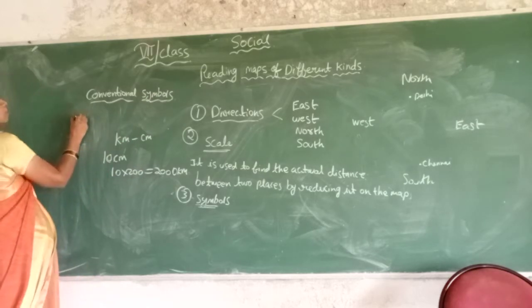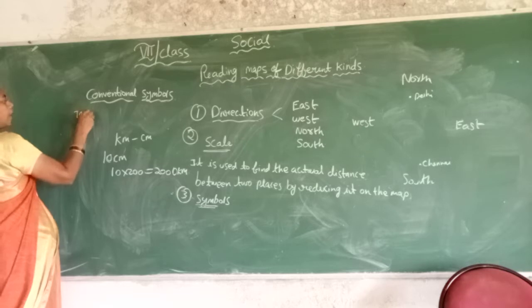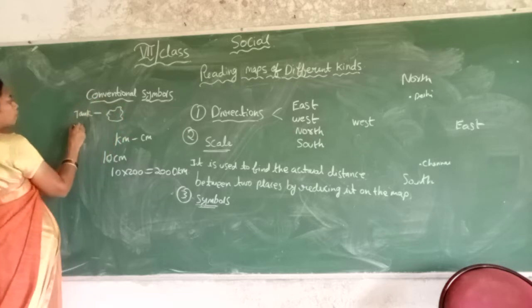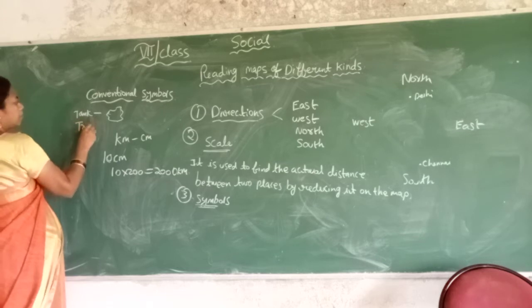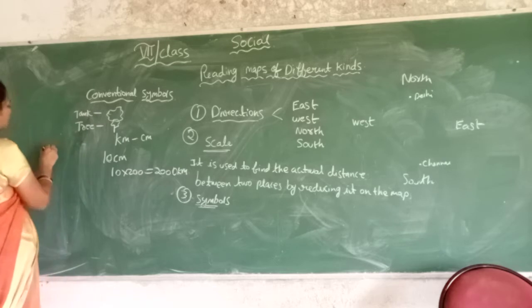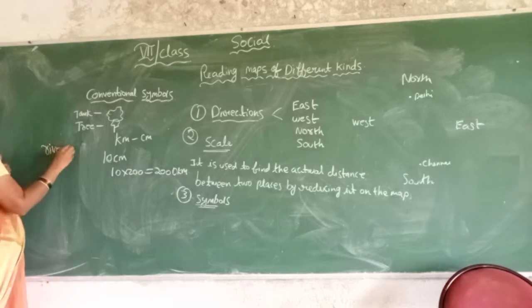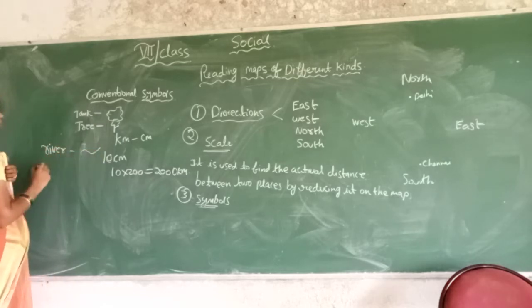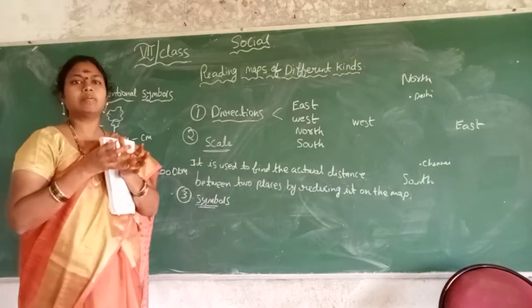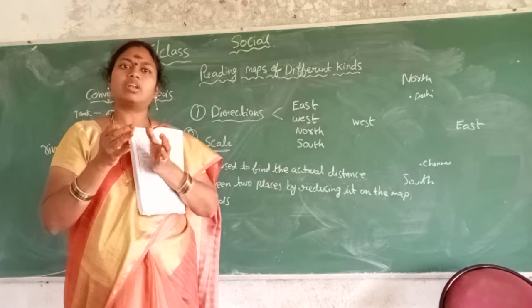For example, if you want to show any tank on the map, we will use this symbol. If you want to show any tree, you will use this type of symbol. And if you want to show any river, you will use this type of symbol. So in this way you use different types of symbols on the map. Symbols are actually the real things reduced.